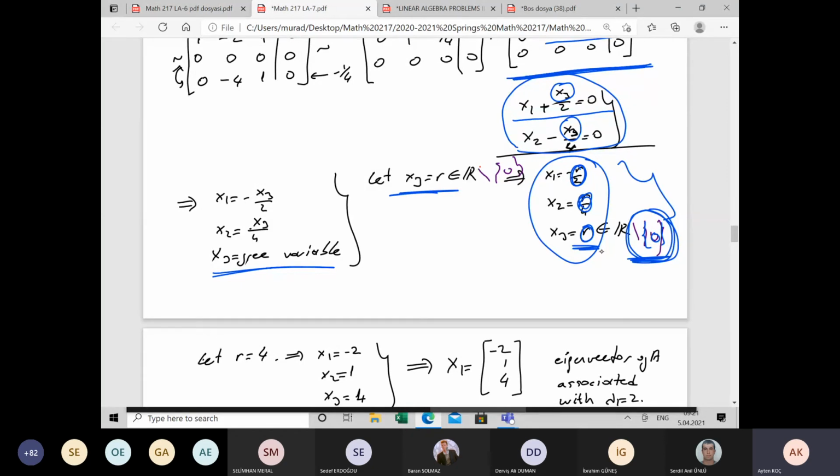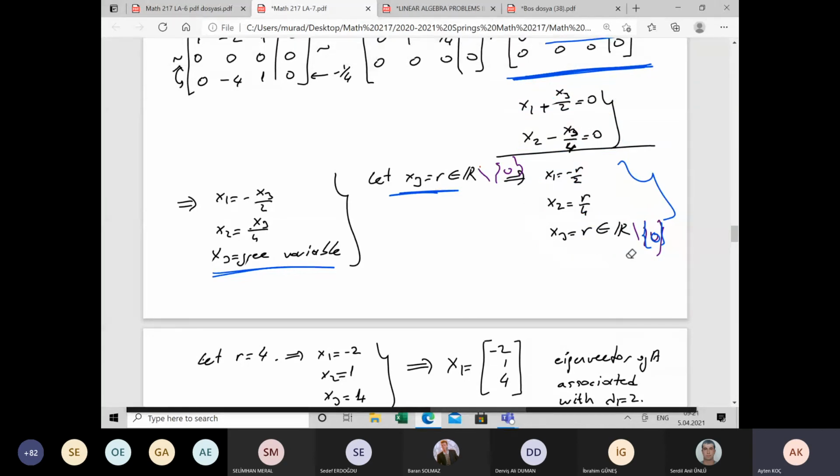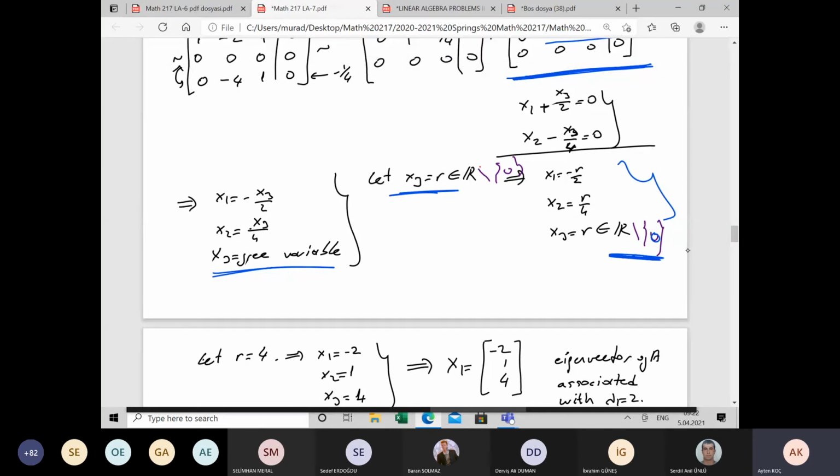So we take any real number and get infinitely many solutions, but choose one of them. Which one depends on you, but I think it will be better to look at this side, be careful, and aim to get the smallest integer numbers. Take r over 2, r over 4, and take r is 4.